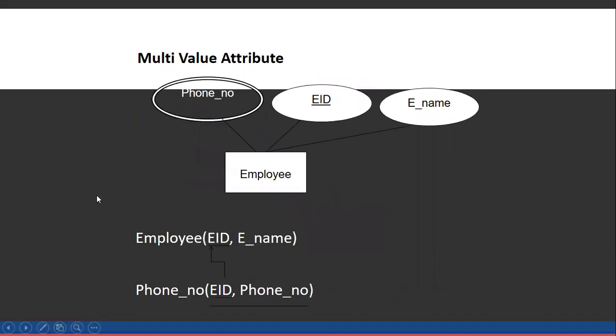When it comes to this multi-valued attribute, phone number, we know that is a multi-valued attribute. But look at this: Employee is the entity here, but phone number එකටත් වෙනම අපිට මේ වගේ entity එකක් හදලා තියෙනවා.